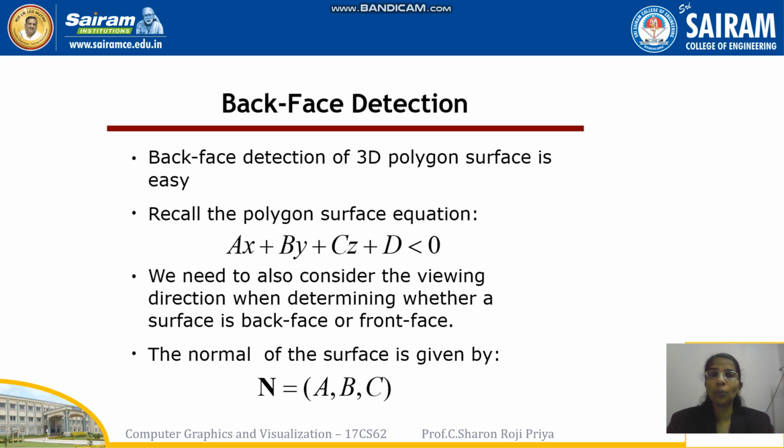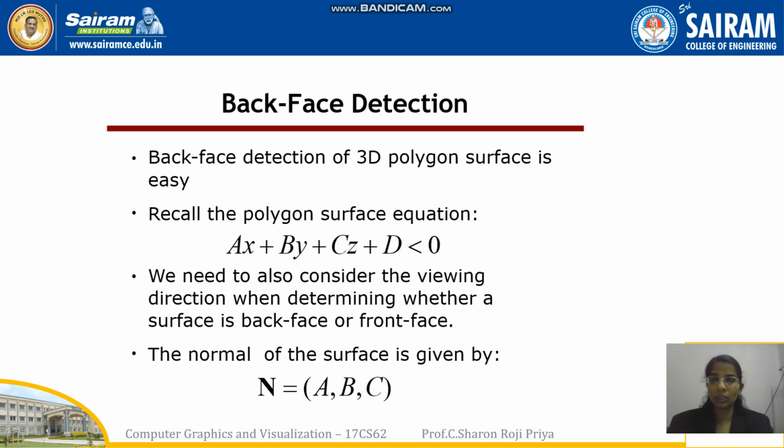So what is the back face detection method? You take an object, identify which is the back face, and then remove it. That's what I'll be doing in this algorithm. If I take a 3D polygon, how can I identify the back face? You know the plane equation for a 3D polygon is ax plus by plus cz plus d equal to 0. Take any point in the polygon.